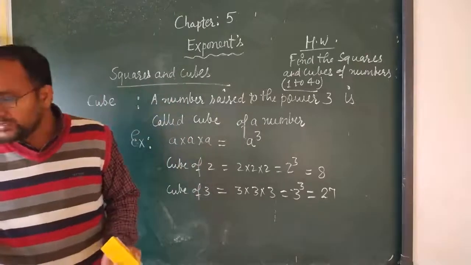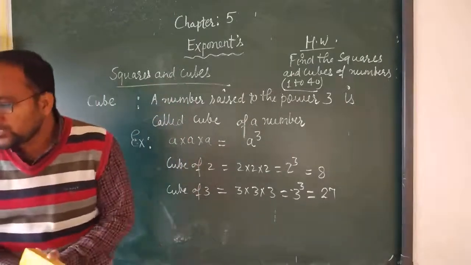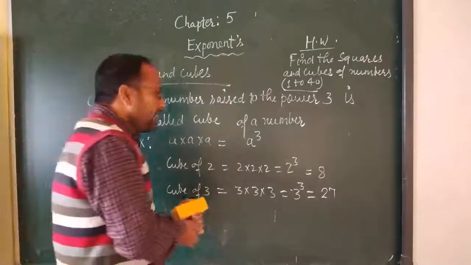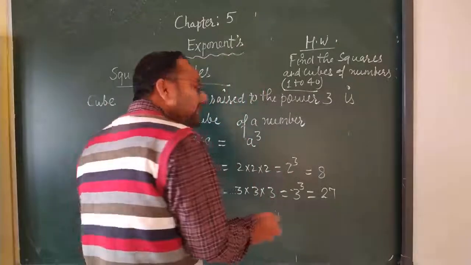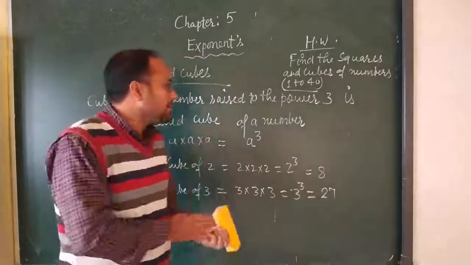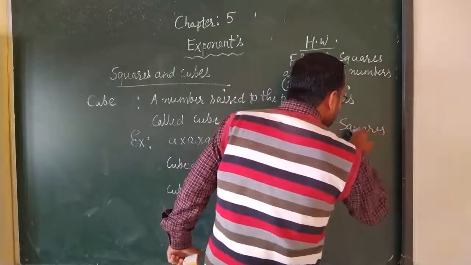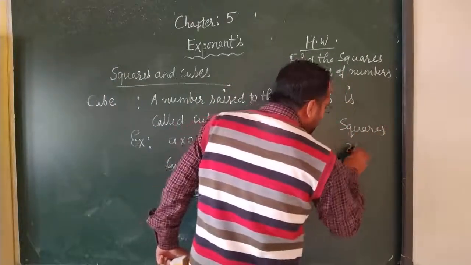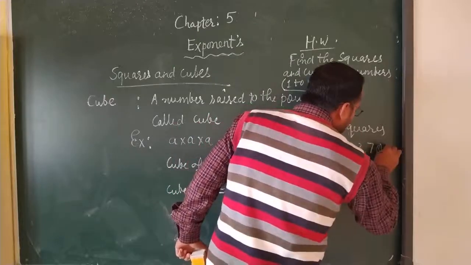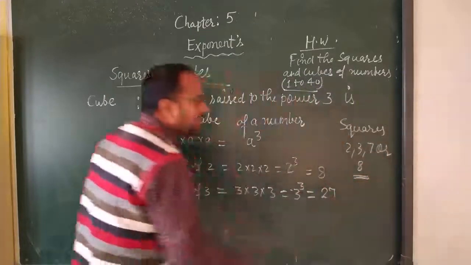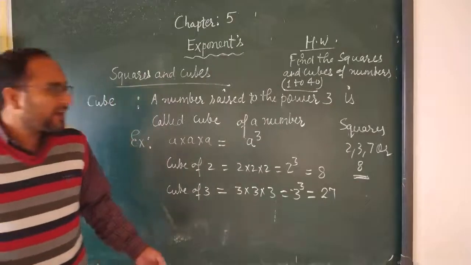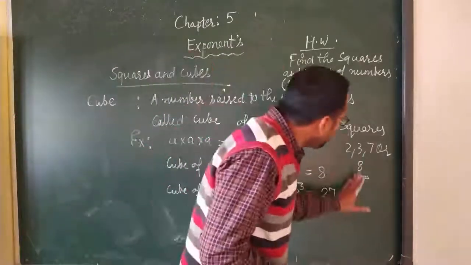And one important point, squares do not have 2, 3, 7 or 8 in the unit place. In squares you will not get 2, 3, 7 or 8 in the unit place. You can find that.